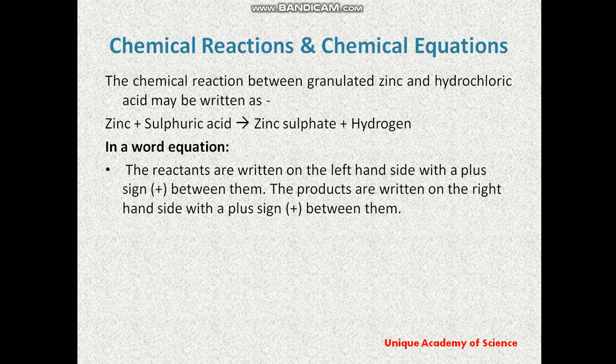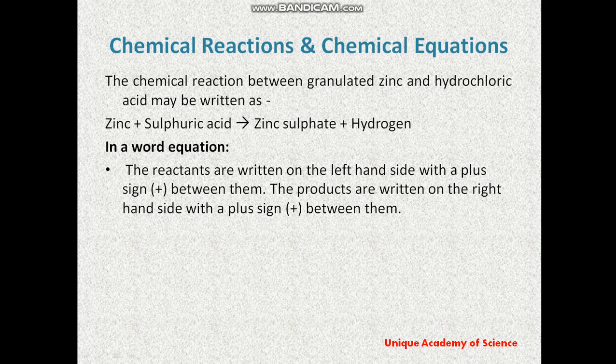Now in a word equation we write the reactants on the left side, and if more than one reactant is used, we write a plus symbol between them. If more than one product is produced, we use the plus sign on the product side too. Products are written on the right side, and an arrow is used.